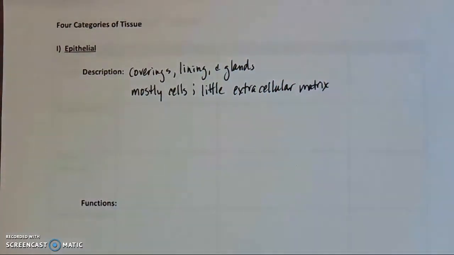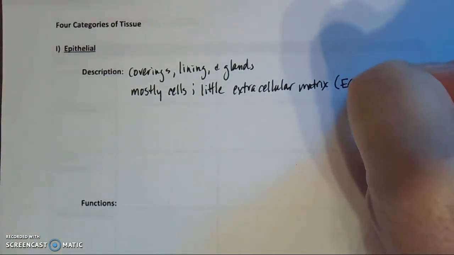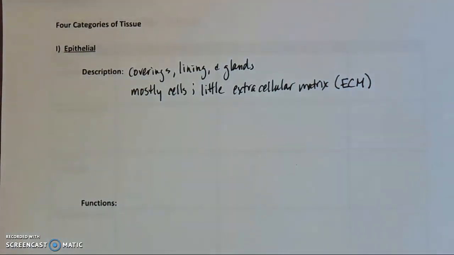So that's basically stuff outside of the cell. So it's non-living material. It's not made out of cells, but it's supporting structures. So there's very little of this, and we're going to abbreviate this because we're going to be talking about it a lot throughout this chapter as ECM. ECM is the abbreviation for extracellular matrix, so we don't have to write it all the time.